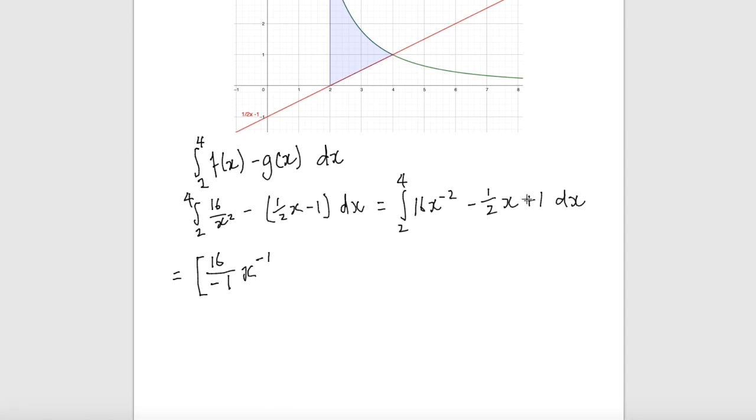Alright, this next part here, integrating x is x squared on 2, so that becomes minus a half times 1 on 2 x to the power of 2, and then the last part, integral of 1, is just x, and that's between 4 and 2.